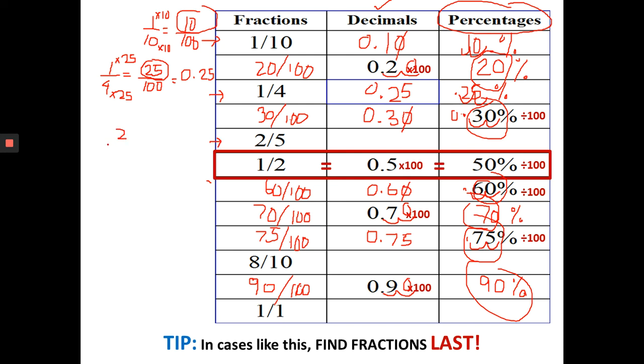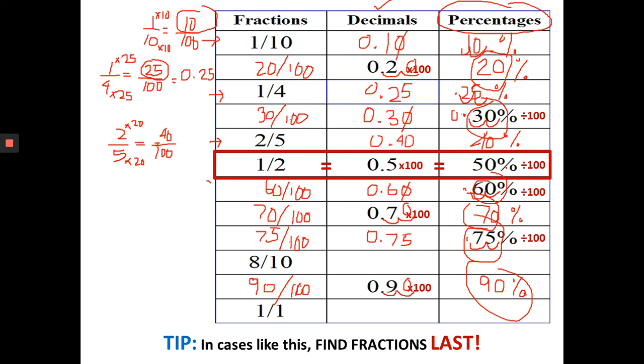Okay, so next is 2/5. What are you going to multiply 5 by to make it 100? 5 times 20 equals 100. Okay, same with 2. 2 times 20 is 40. So the percent here is 40%, and the decimal is 0.40.